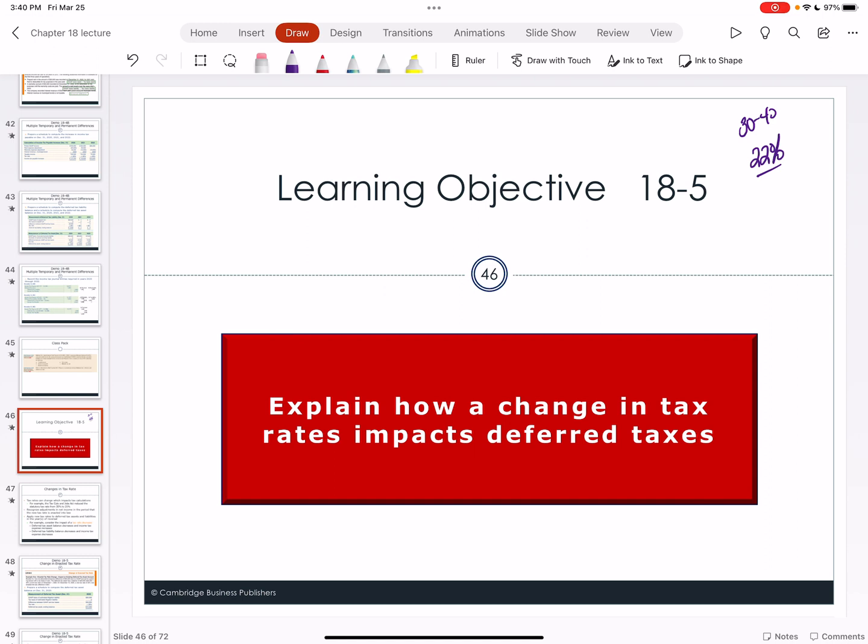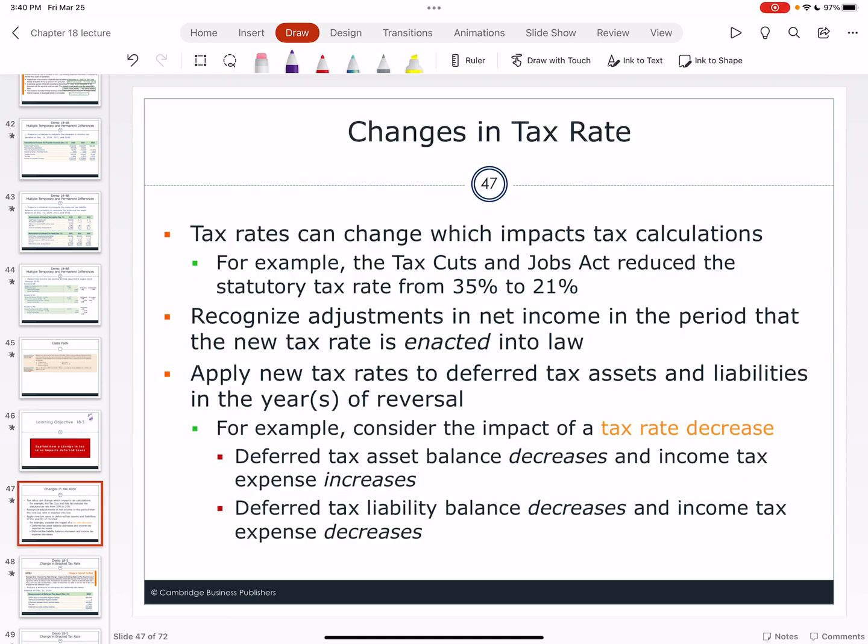So you've got a lot of deferred tax assets and liabilities that relate to future events and future tax filings. So you need to make an adjustment when tax rates change. And I think you're going to find this much simpler than it sounds.